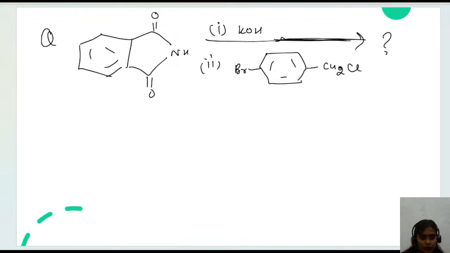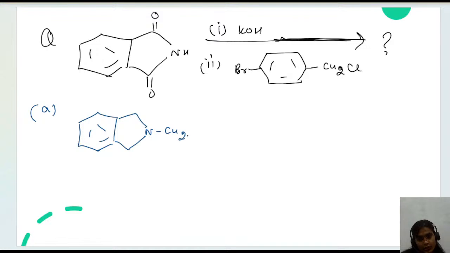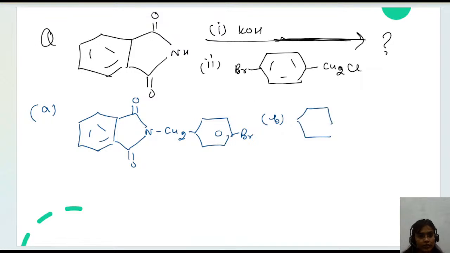So there are some options for you. Option number one, this is this ring. Okay, this is N and this is a CH2 and the benzene and a Br. Double bond and a double bond. Option A. Option B. Okay, at least for this question, everyone try to answer because it's not difficult if you have listened to my points carefully till now.